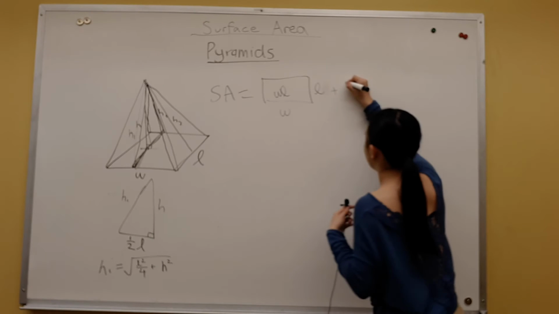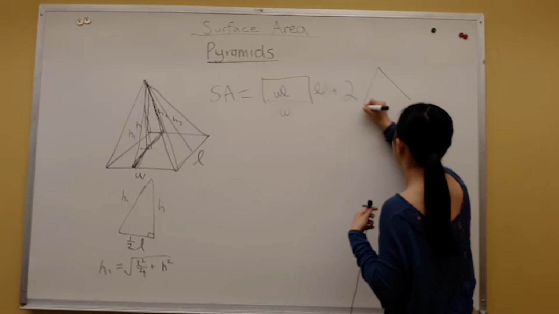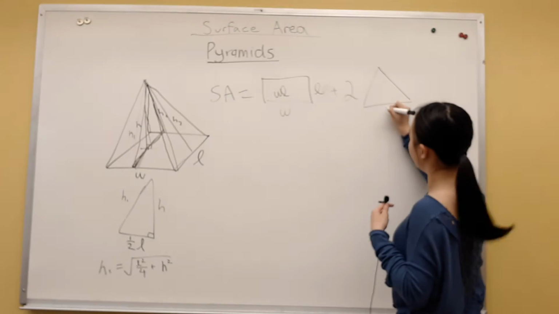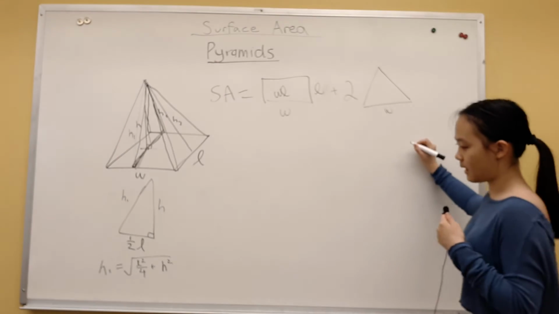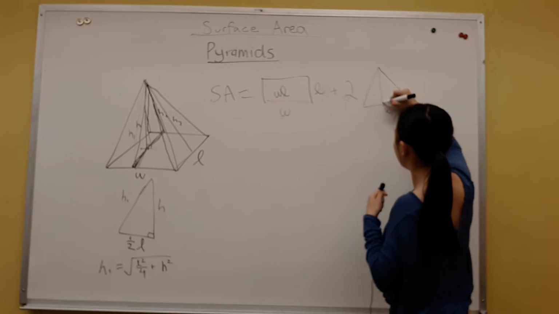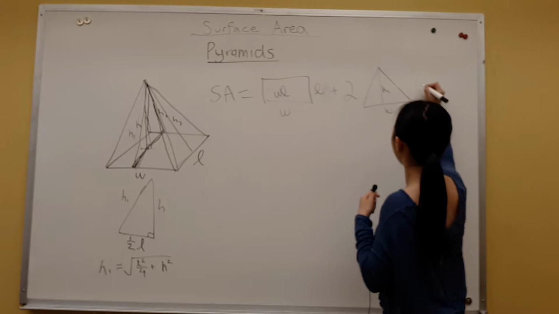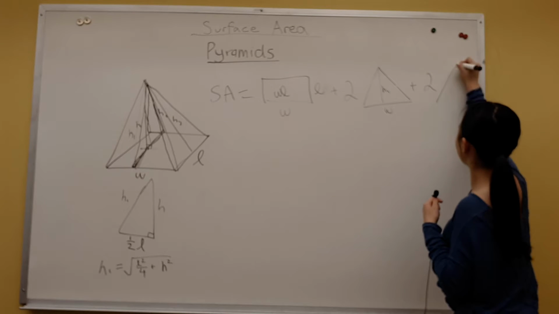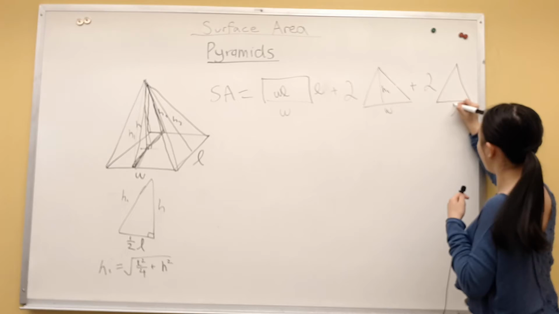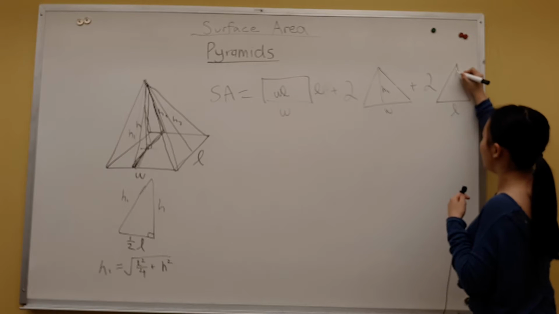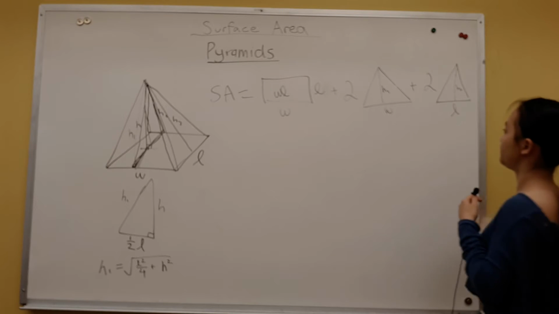So you have 2 triangles of bottom W and a height of h1, and you have 2 triangles of bottom L and a height of h2.